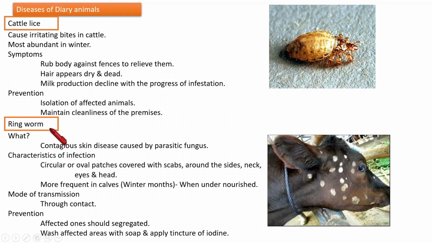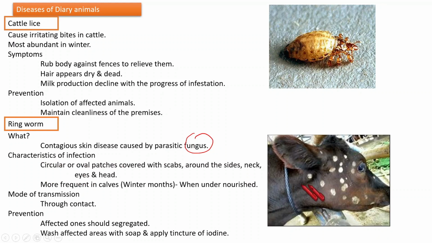So next, another menace is ringworm. Ringworm affects the animal's body with patches here and there, mostly on the face. It is a contagious skin disease caused by a parasitic fungus. What are the characteristics of this infection?